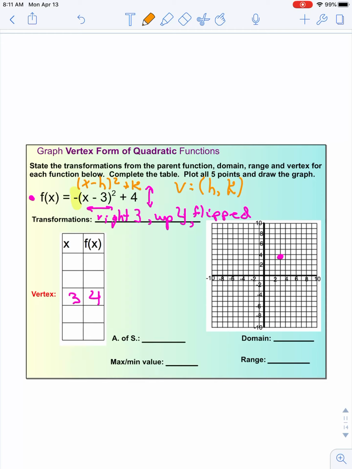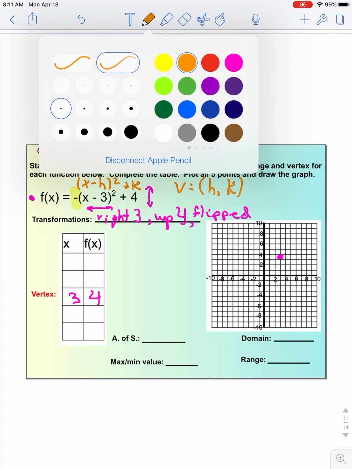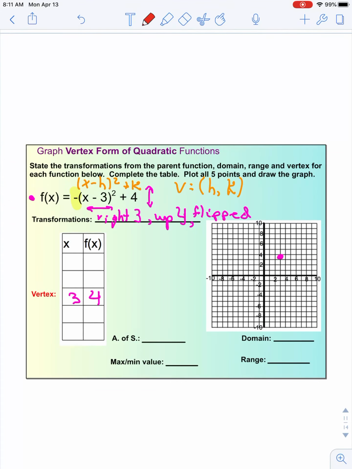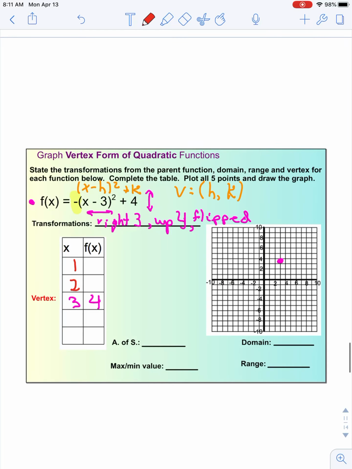So now, moving on, the next thing we need to do for graphing is pick some values larger and smaller than x. One number smaller would be 2, and then another one smaller would be 1. The other direction, going larger, would be putting in 4 and 5. Now I'm just going to plug each of those numbers into my equation.